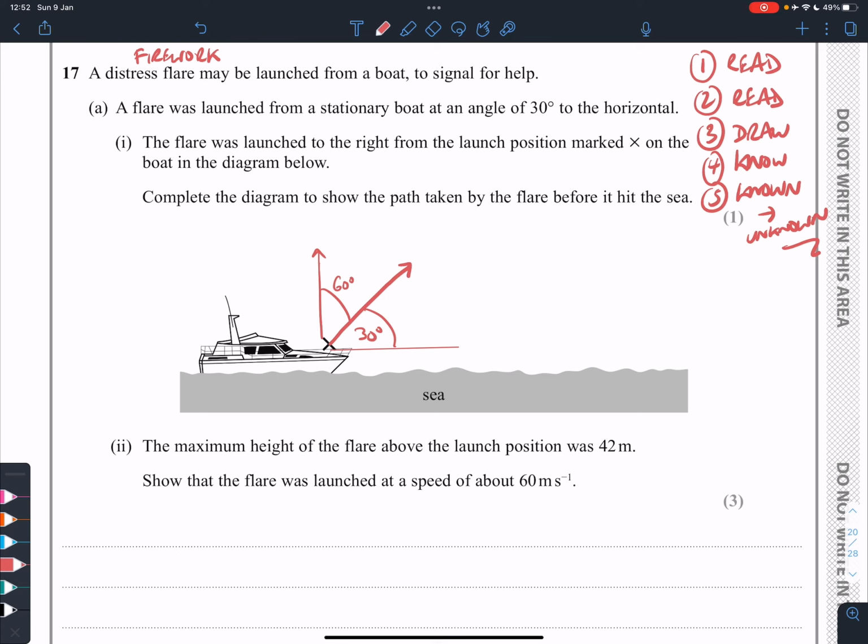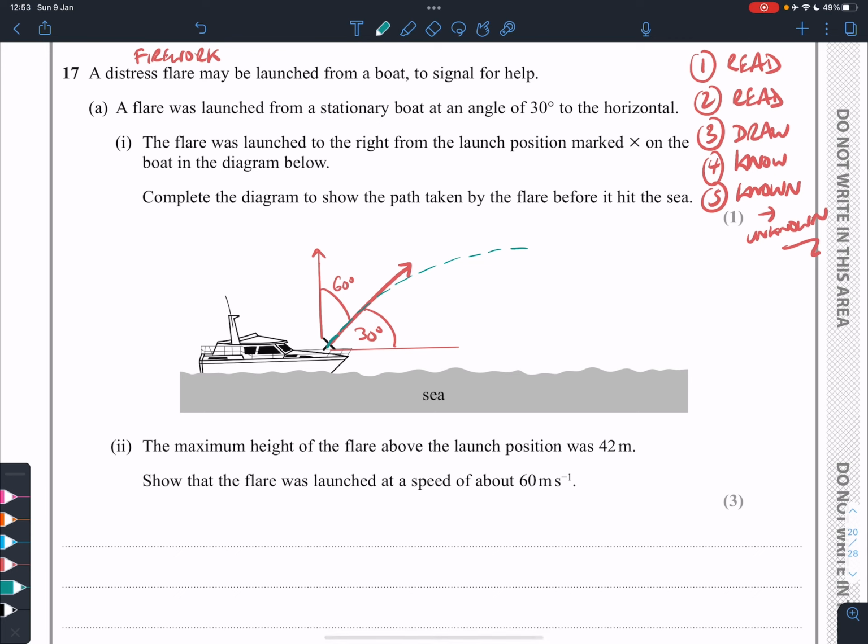And from the position marked X, complete the diagram to show the path taken by the flare before it hit the sea. Well, with a slightly different colour, so it will initially go at this angle, but it won't stay there very long because of something that lives in the centre of the earth called gravity.